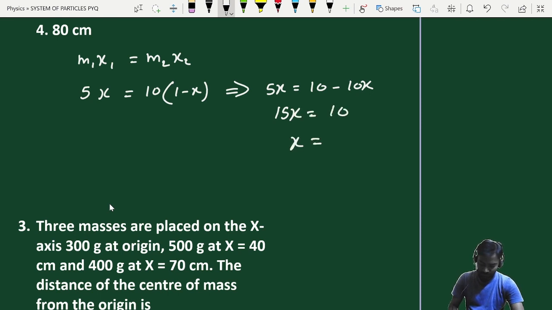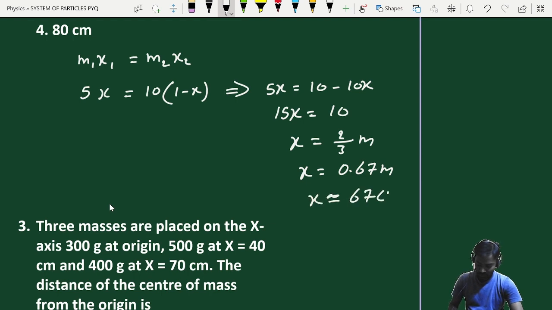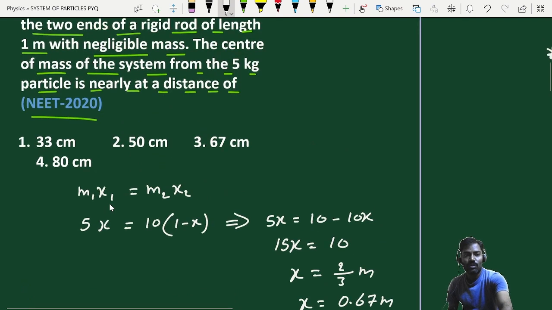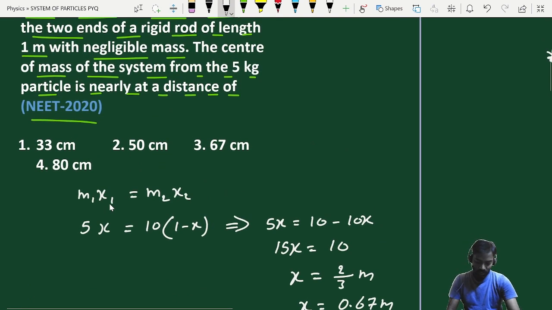So x is equals to 2 by 3 meter, which is equals to 0.67 meter nearly, and this will be equals to 67 centimeter. So option number 3 is suitable.